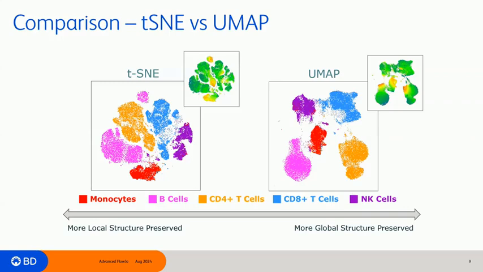That can make it ideal for exploratory analysis and understanding overall patterns in your data. Or if you're working with large data sets, UMAP could benefit you there because it scales well and runs faster.